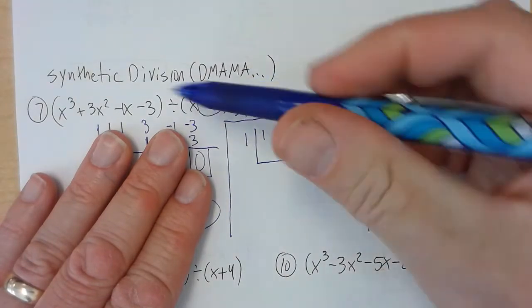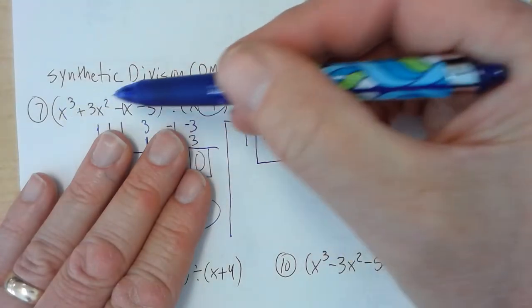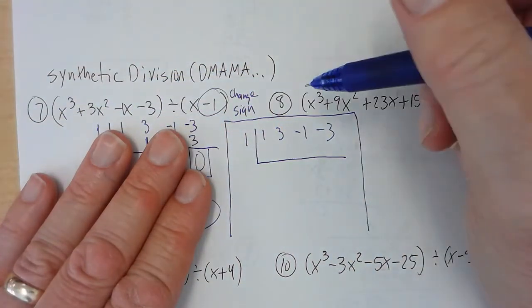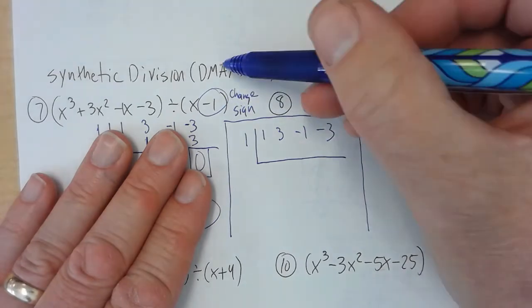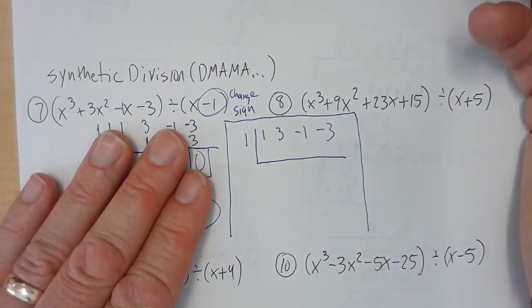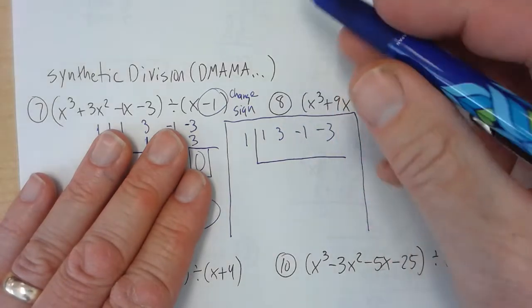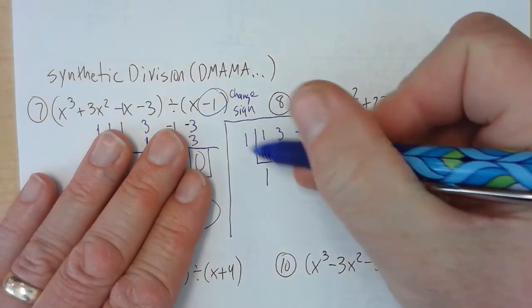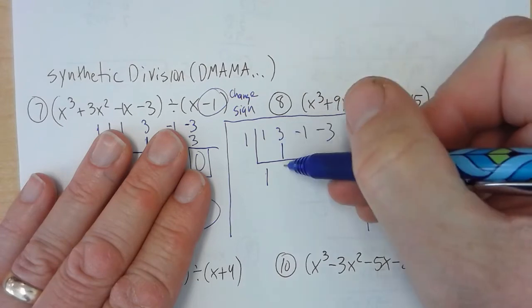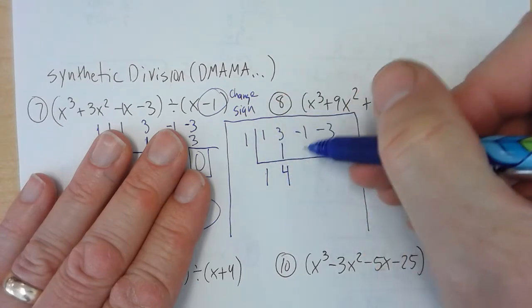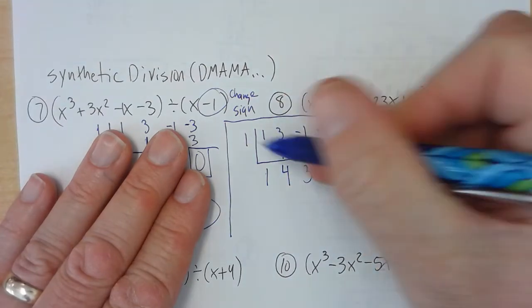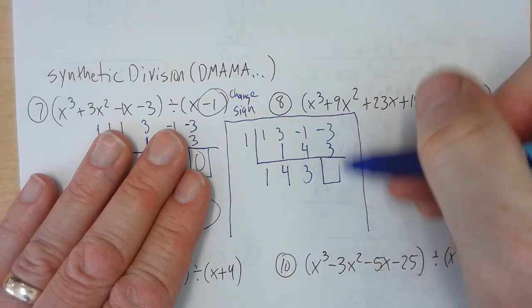So you write down the coefficients. And because we change the sign, we get to add every time instead of subtracting every time, which makes it easier because adding is easier than subtracting. It just is. So we drop, we multiply, we add, we multiply, we add, we multiply, and we add.